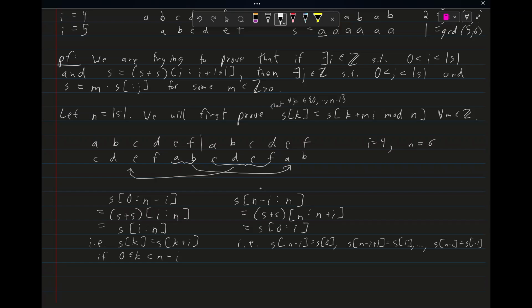Okay, so S of k equals S of n minus i plus k if k is between 0 and, what can k go up to?